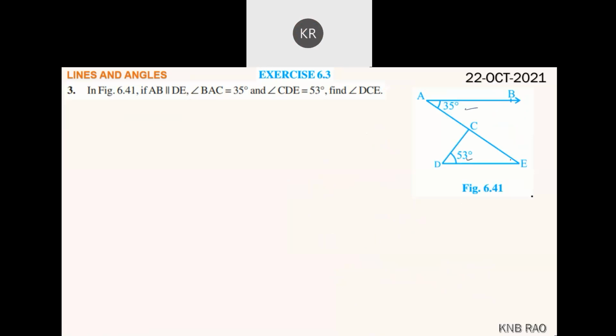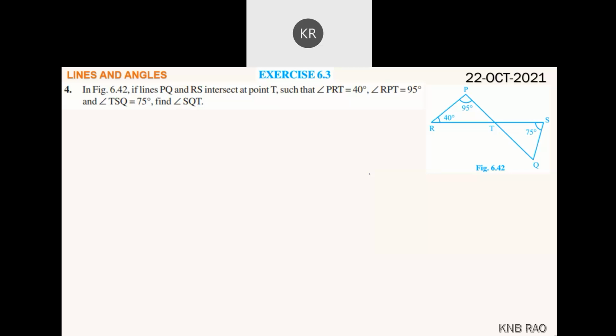Angle DEC is 35 degrees. Do you know the reason? Alternate interior angles. And this is 88, so 92 degrees. Okay, DCE.